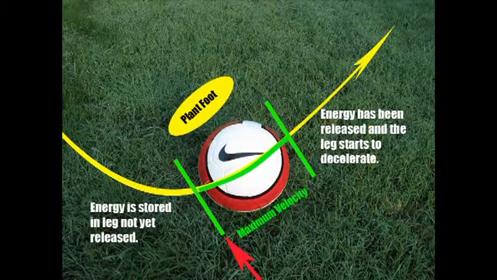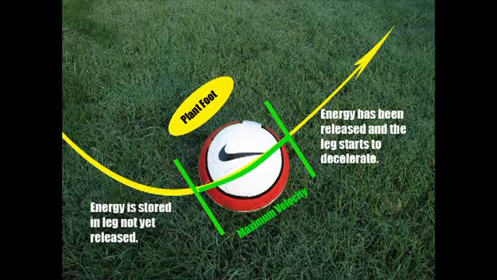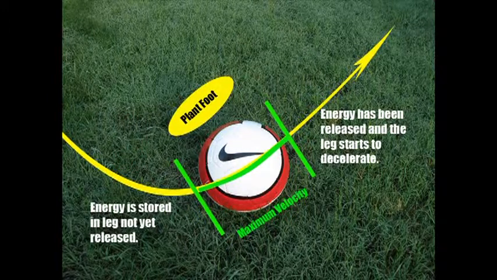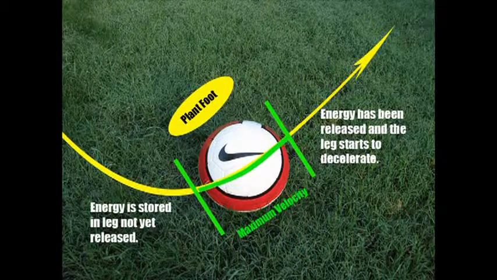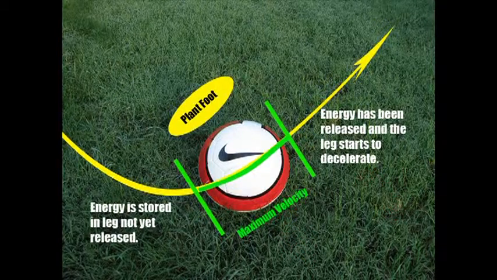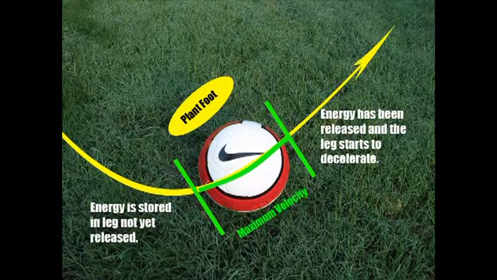It starts just about at the back of the ball and carries through just past the front. As our leg and foot approaches the ball, all our energy is stored, prepared to release. We release all this energy through the ball, and then we allow the leg to gently slow down after contact. Try and actually see the swing path while you kick the ball.